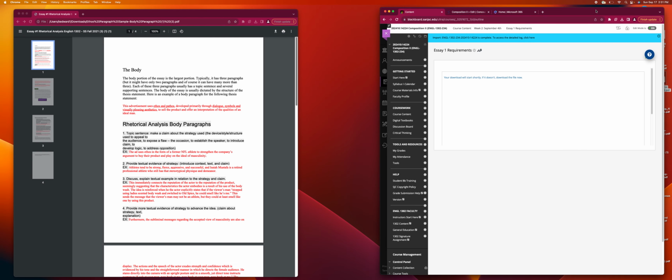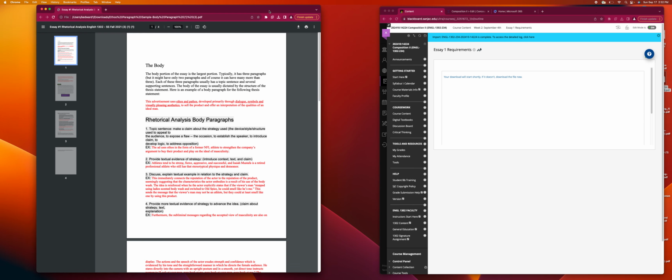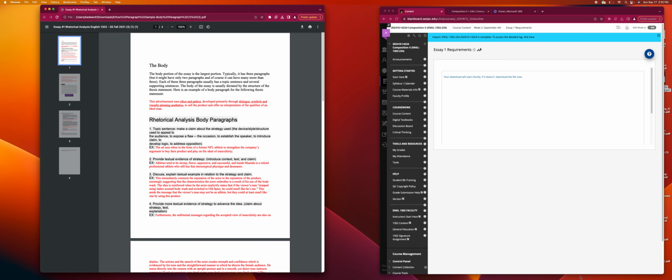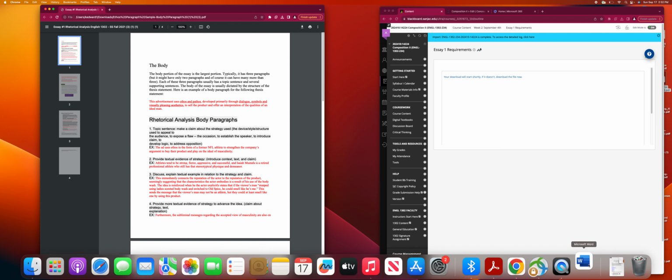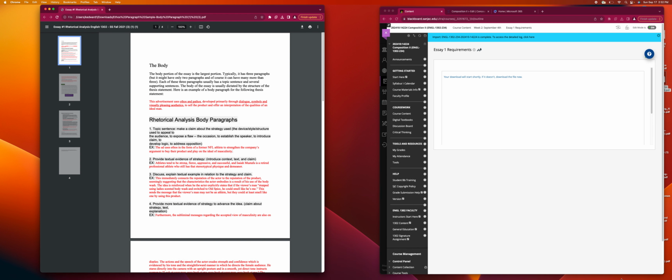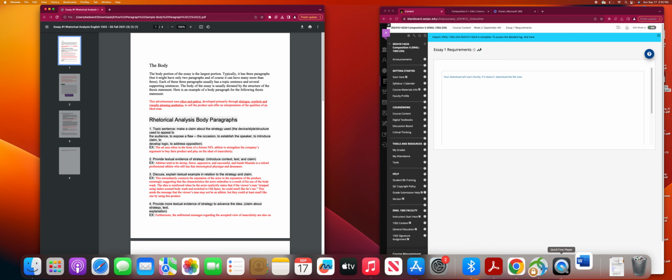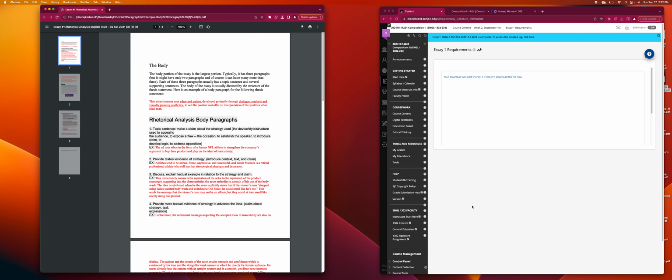So if you did not read through the Essay 1 requirements document really well, I would suggest that you do that so that you can get a pretty good idea of what's required in that document.